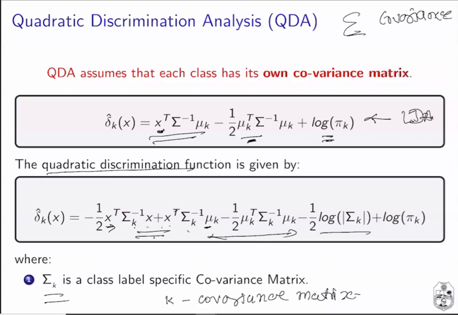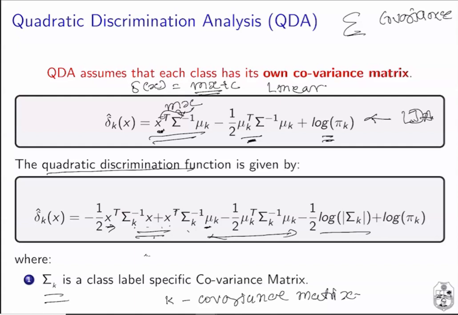So mx plus c. The delta value is directly proportional to x, and that's why it is called linear. It has a linear relationship, and that's why it is called a linear function. Why is it a discriminant function? We use the values calculated by this function to discriminate between the class labels, and that's why it is called the discriminating function. So this is the linear discriminating function.